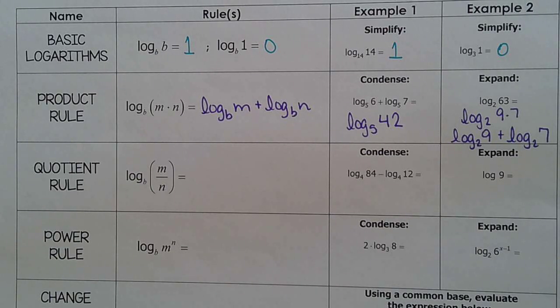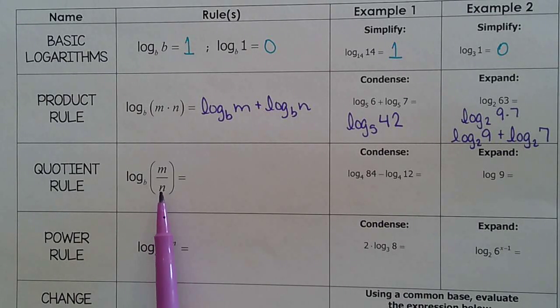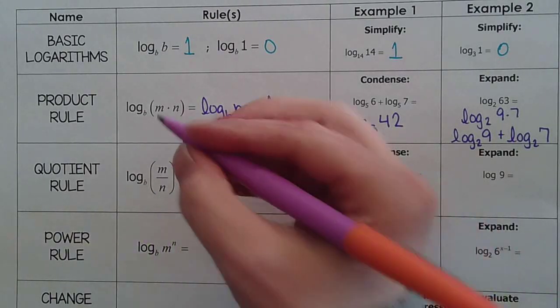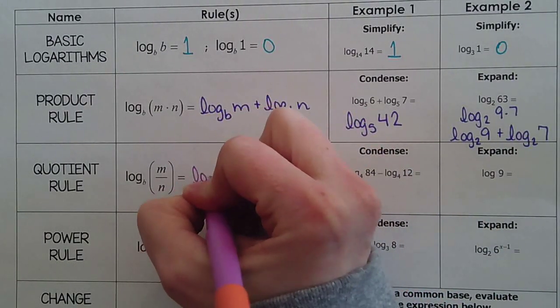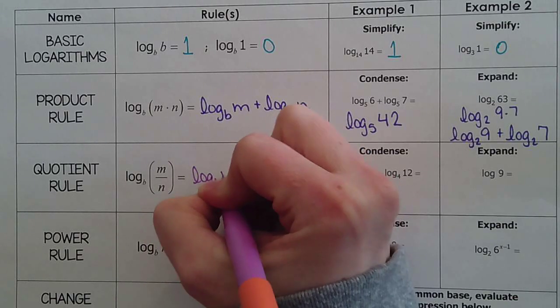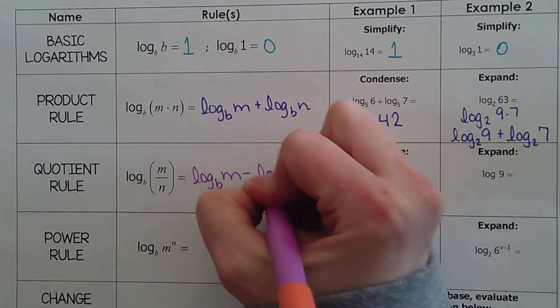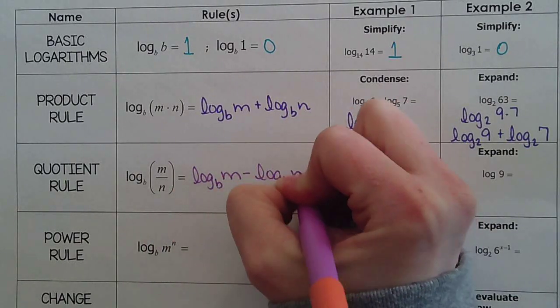Sometimes it's already a fraction and we just want to write it, kind of expand it out. But remember that with exponents, division with exponents goes with subtracting the exponents. So division with logs goes with subtracting the logs. So this one's going to be log base b of m minus log base b of n.